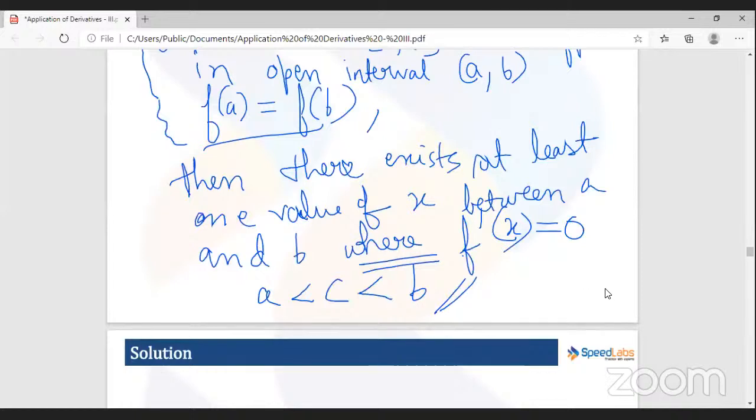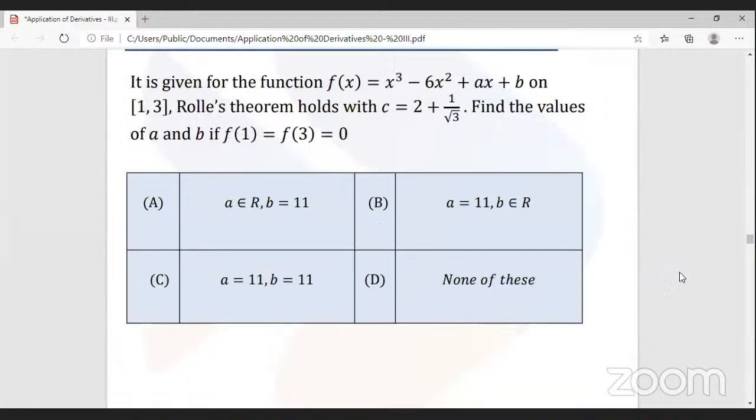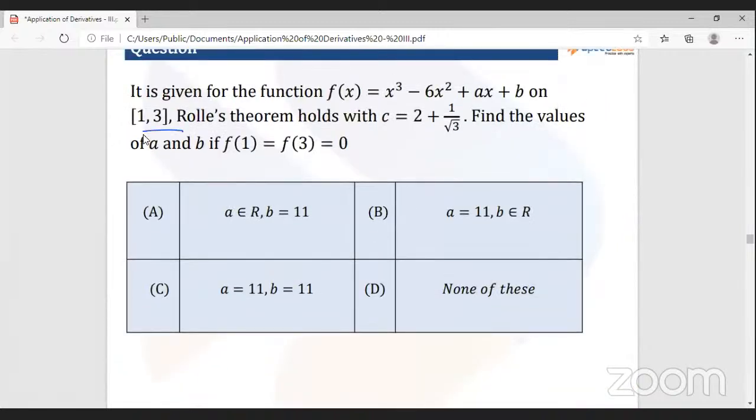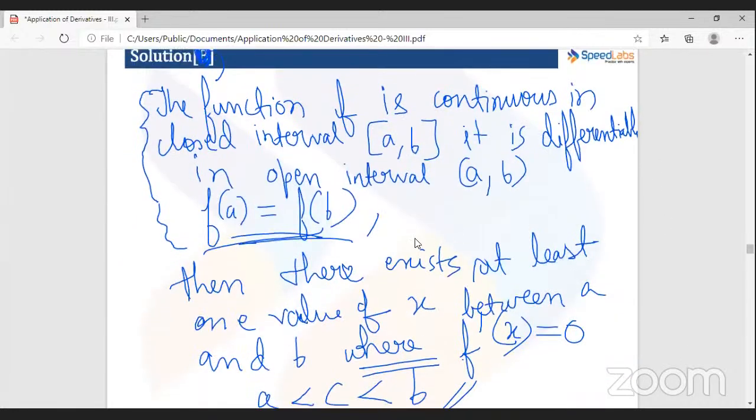Okay, so now in this question, it was given that f(x) satisfies Rolle's theorem in the interval 1 to 3. So this means that f(1) equals f(3).